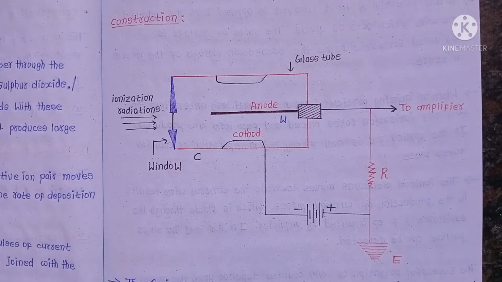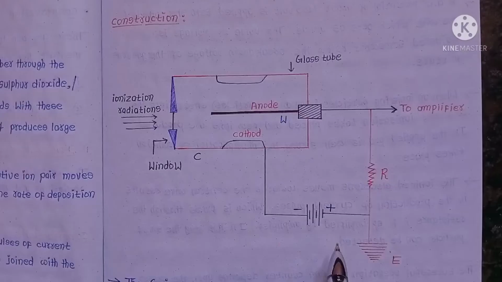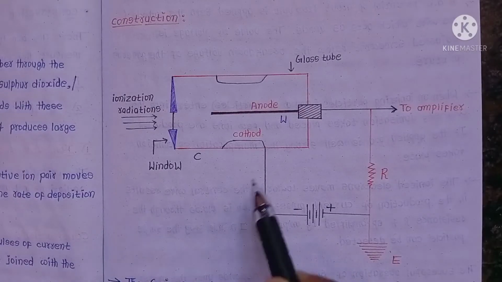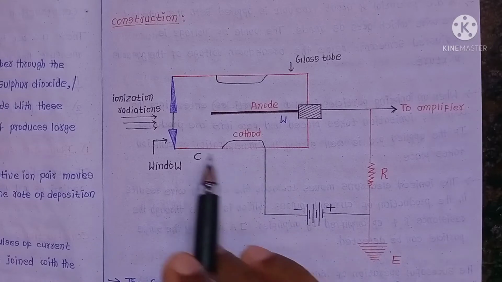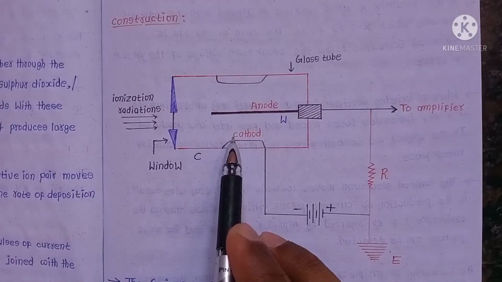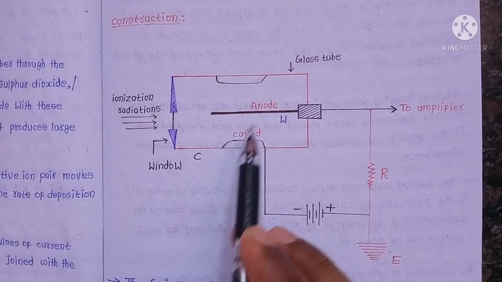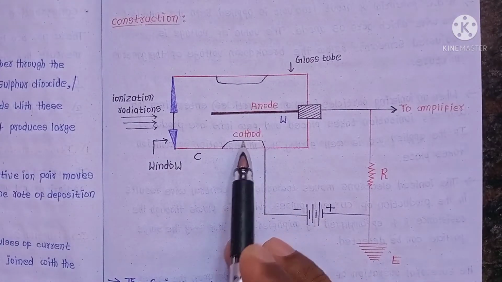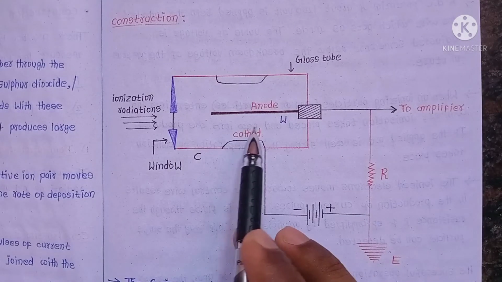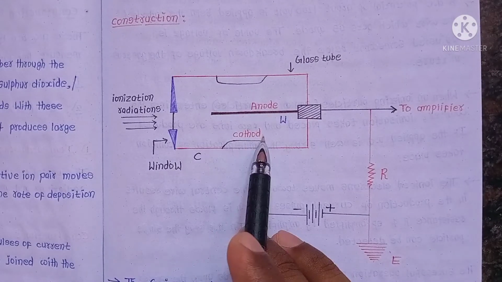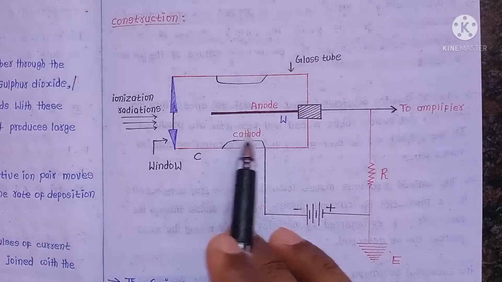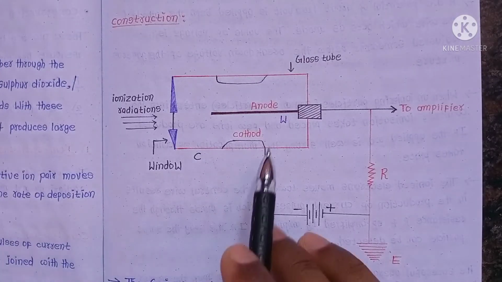Next we understand the working, or how we can detect the radiation by using this GM counter. A DC potential difference of about 200 volts is applied between the anode and cathode. The application of this DC voltage depends upon the breakdown voltage of the gaseous mixture present inside the chamber.